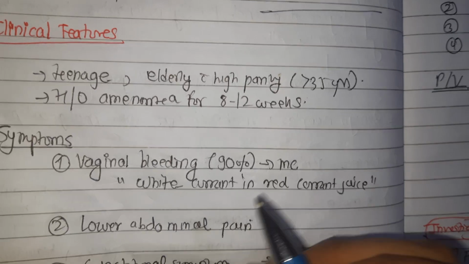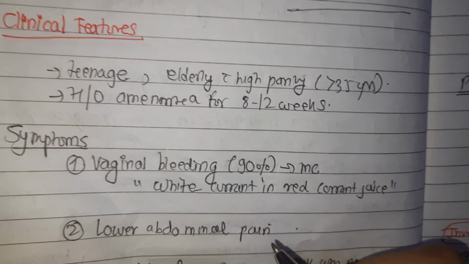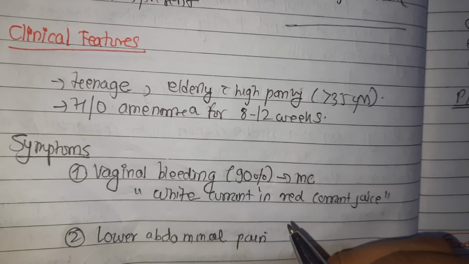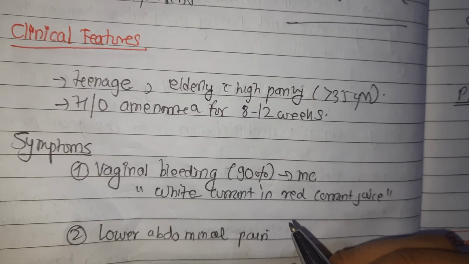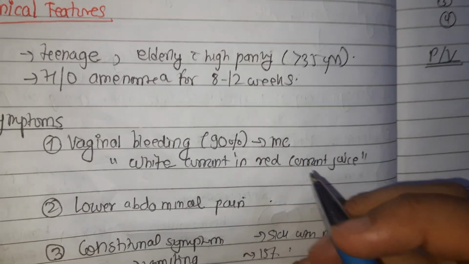Vaginal bleeding is the most common presentation, seen in 90% of patients, and often the symptoms mimic an incomplete or threatened abortion. The blood may be mixed with gelatinous fluid from the ruptured cyst, giving the appearance of a discharge known as white currant in red currant juice.